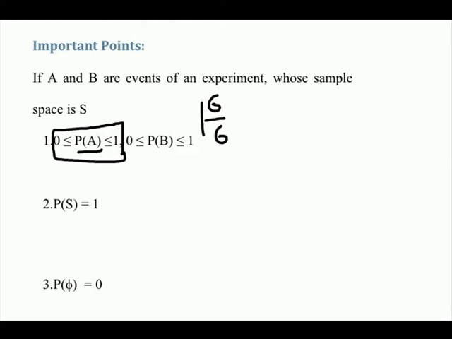So 6 by 6, which is equal to 1. So for any experiment that you can think of while rolling a dice, you'll never get a numerator which is more than 6, because 6 is the maximum number of outcomes that you can get. So that is what this greater than 0 and less than 1 is referring to.